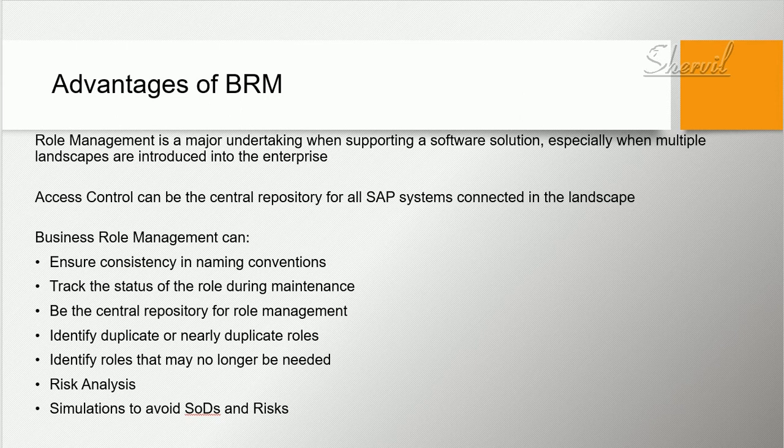And it's always a best practice to implement Business Role Manager before implementing Access Request Manager. SAP Access Control also has a module called Access Request Manager. Access Request Manager is basically for user provisioning. Now, how you utilize that tool could be based on your MSMP configuration and BRF+ rules and whatnot.